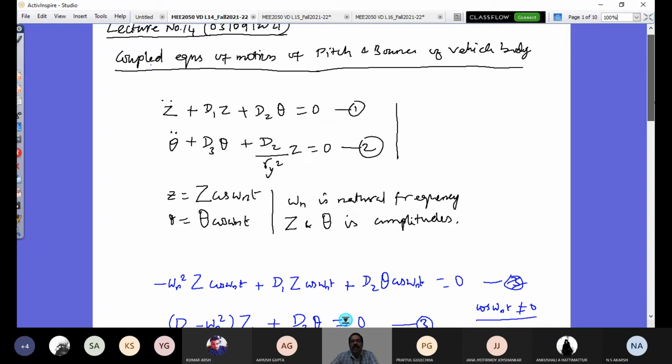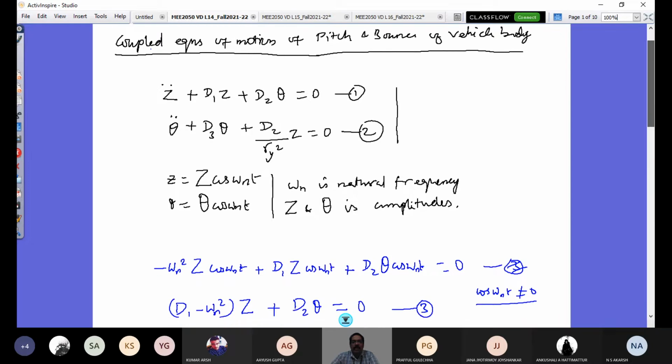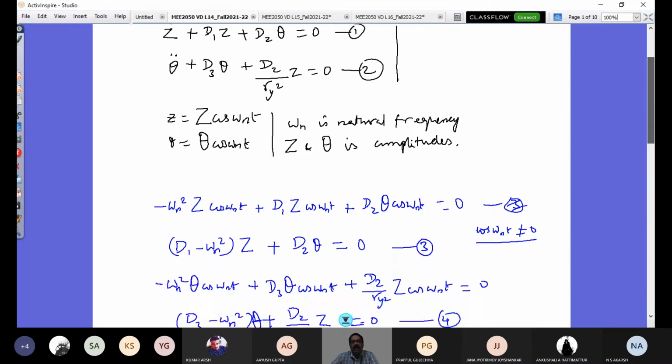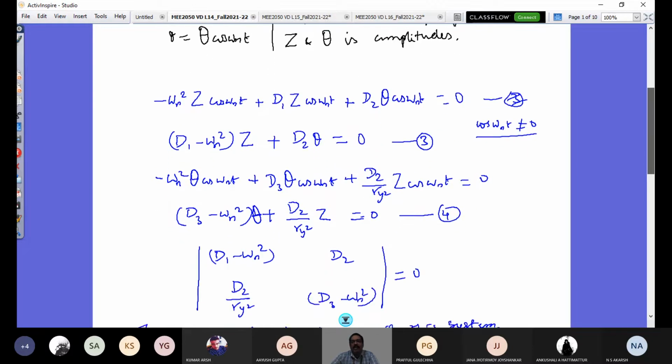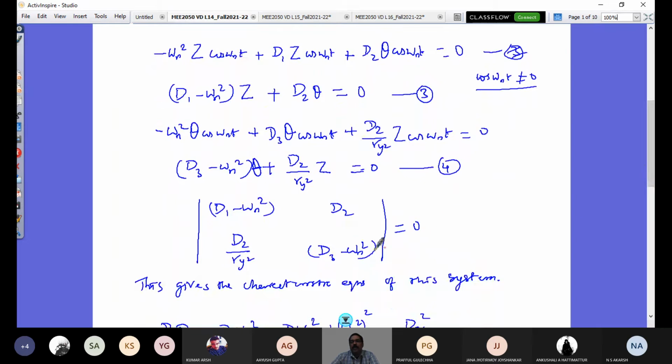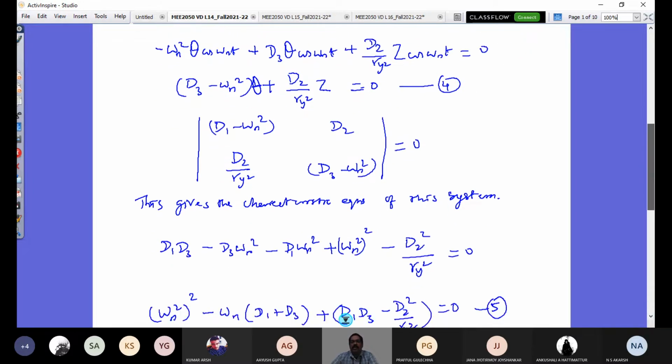So in the last class, we just learned what is known as a pitch and bounce model of a vehicle body and its natural behavior. So we had this coupled equation and we had a trial solution in steady state condition, and that gave us this determinant equating to 0, the characteristic equation of the system.